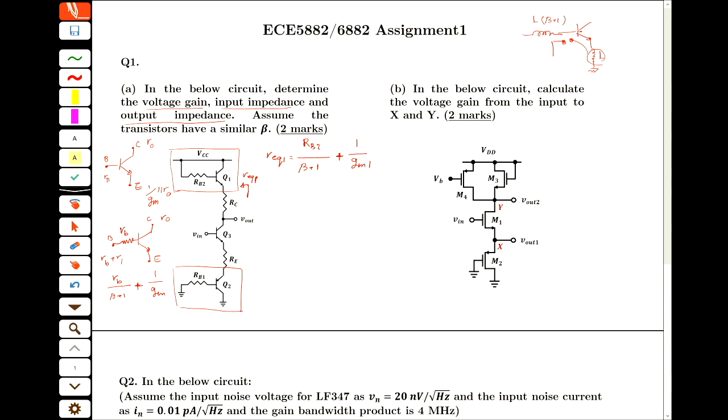All right. And then for this PNP transistor, it's the same. We are looking into the emitter of that. Again, here is the emitter. If I say here is R equal 2, then this R equal 2 equals RB1 divided by beta plus 1, plus 1 over GM2.